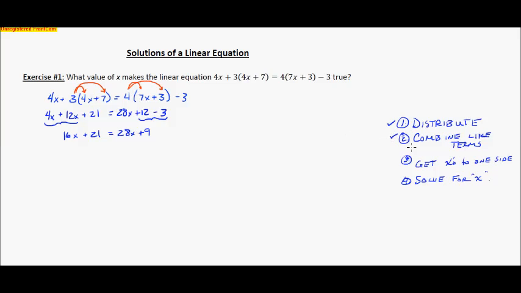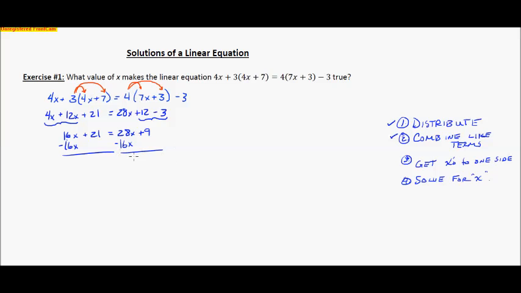I've combined like terms. And the next step is to get all the x's to one side. Well, as I mentioned before, I usually try to take the smaller of the x terms and move it to the other side of the equation, because that's going to avoid hopefully some negatives and some problems that may come along. So this is a positive 16x, so I'm going to take away 16x here, and whatever I do to one side, I go over to the other side and I do the same thing.